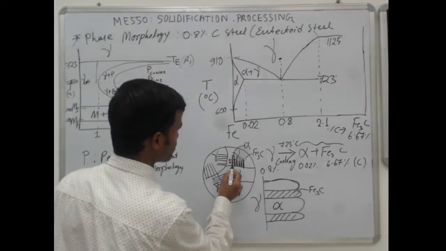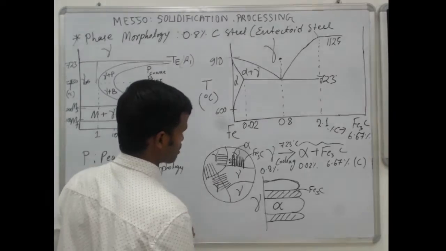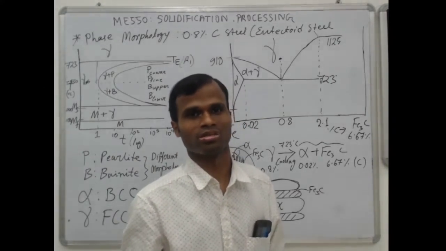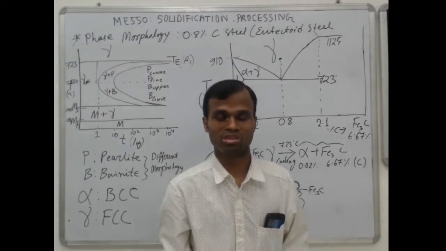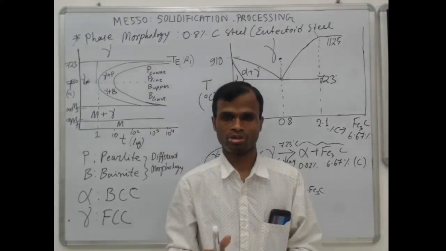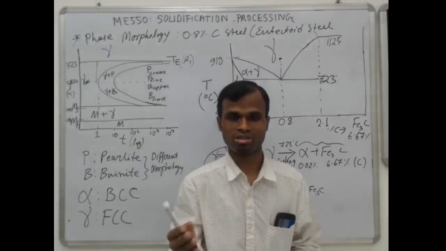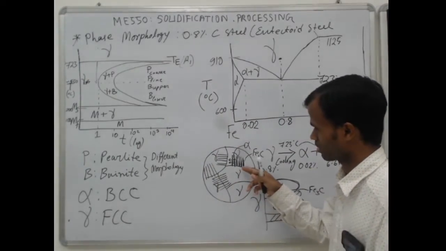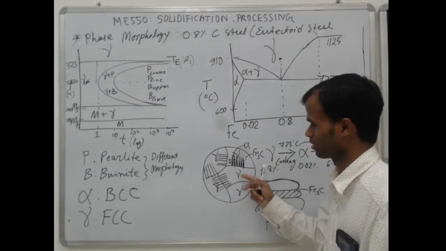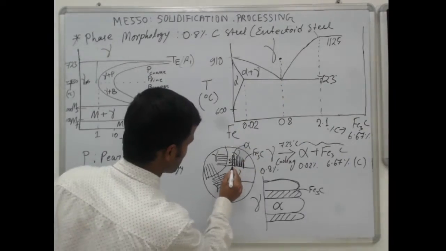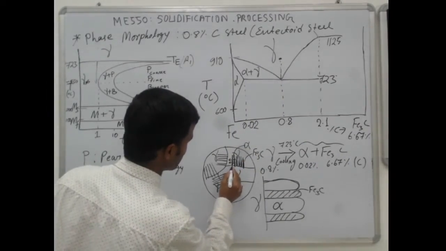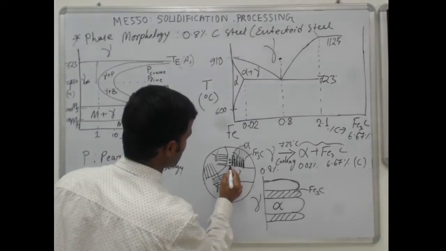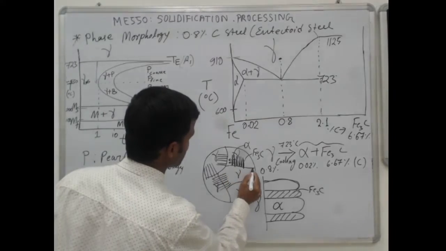Why will the cementite nucleate at the grain boundaries? Because grain boundaries are higher energy sites, and a higher energy site means there are some distortions in the lattice structure. So there the cementite can easily nucleate. Once it is nucleated, it will grow in a direction which is generally normal to the grain boundaries.